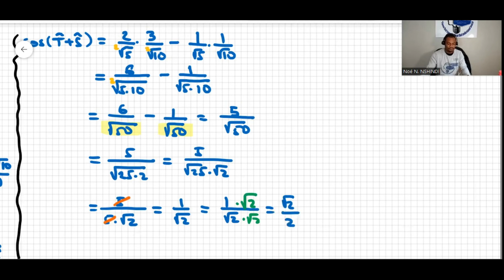So therefore, we can say cos of angle T plus angle S will be equal to 1 over square root of 2 or square root of 2 over 2. So this is the final answer here.